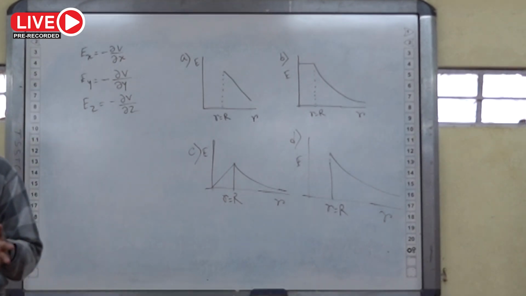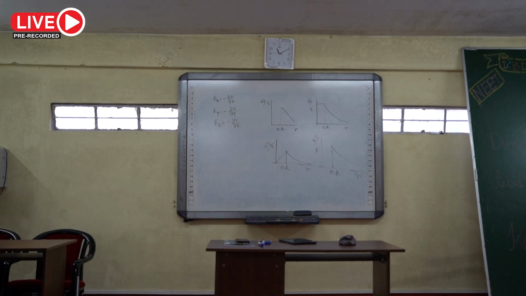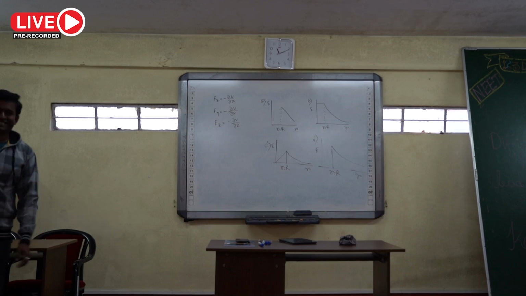C or D? Who said C? Why? Who said C? Explain. Because this graph is given in the book.